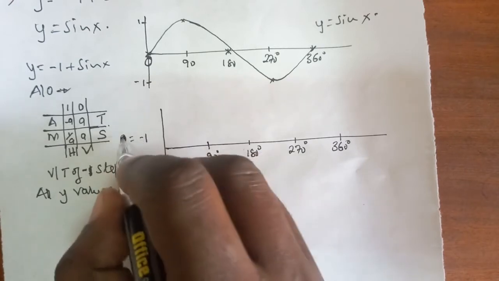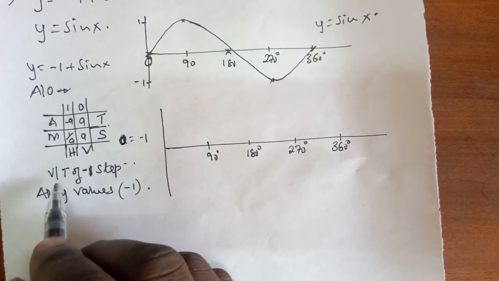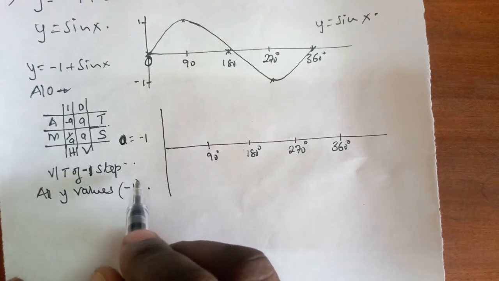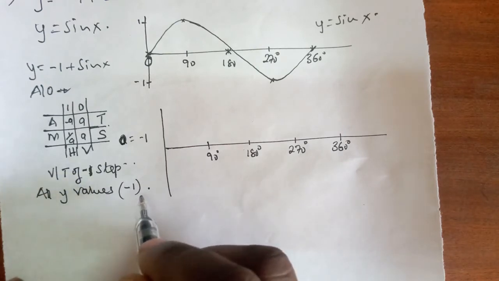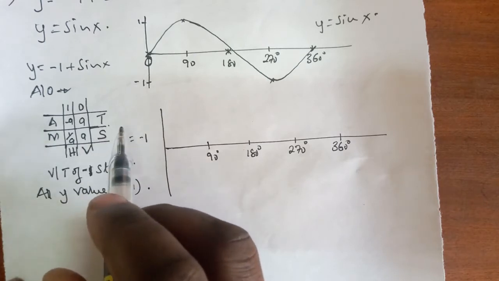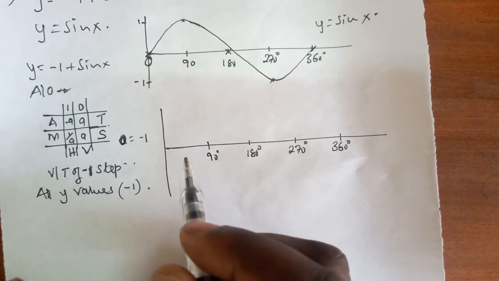Our a is minus 1. Vertical translation of -1 means all y values you minus 1. That is what it's supposed to be.